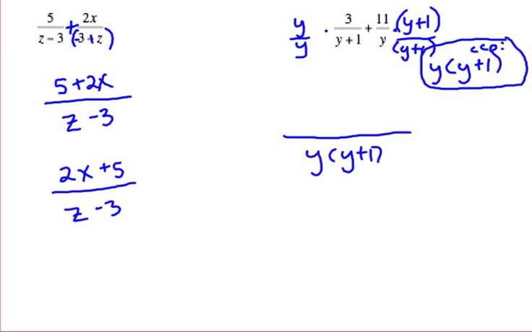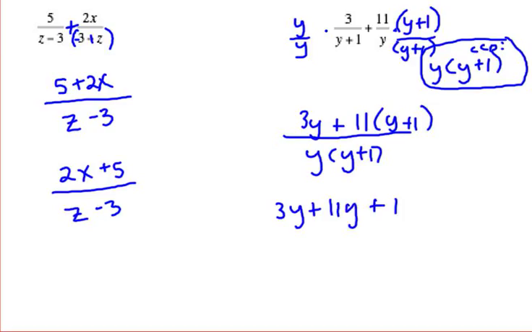The product I get when I multiply both of those, of course it's going to be the same. And now what was missing was the y, so I have to multiply the numerator by y, and that gives me 3y. Plus, what was missing here was a y plus 1, so I multiply 11 by that, so that's 11 times y plus 1. Of course, you can distribute that right away if you see that. So now I have 3y plus 11y plus 11 over y times y plus 1.